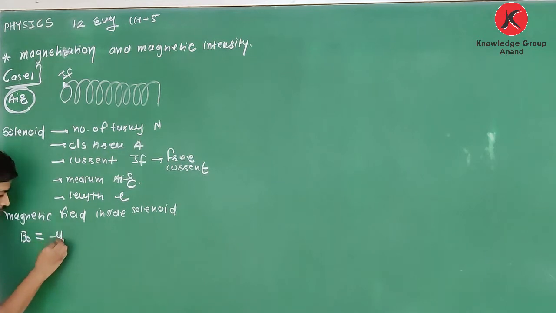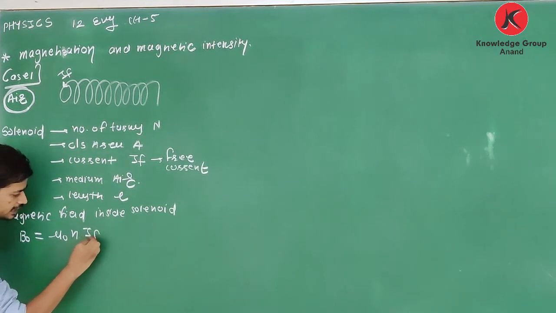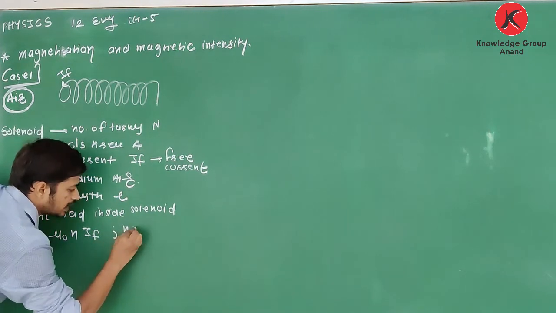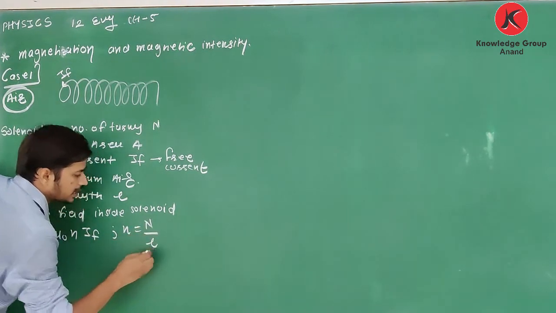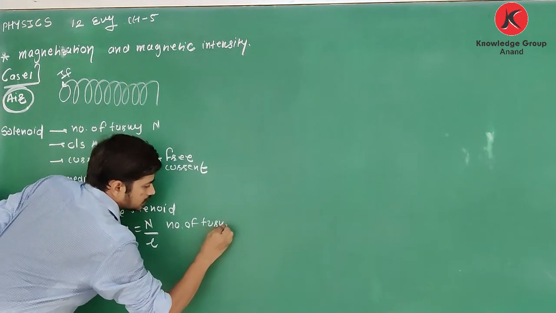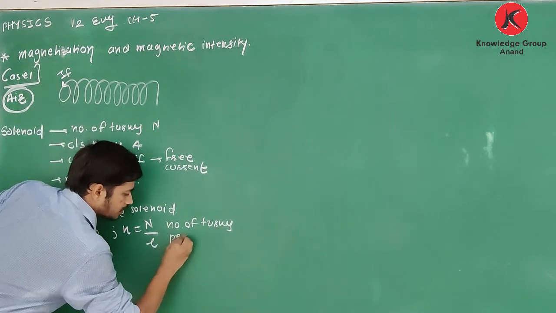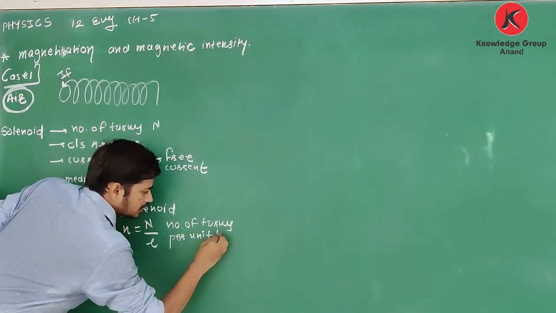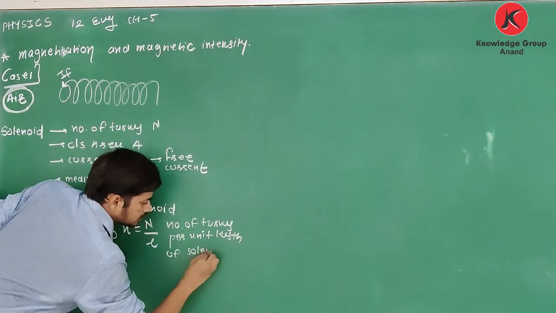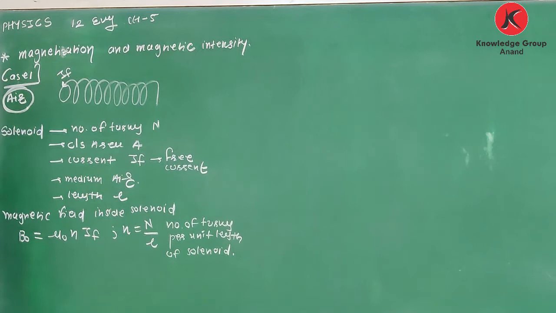B0 is equal to mu0 n IF, where small n is equal to N upon L, the number of turns per unit length of the solenoid. Clear about this? So yes, we know this equation: B0 is equal to mu0 n IF.